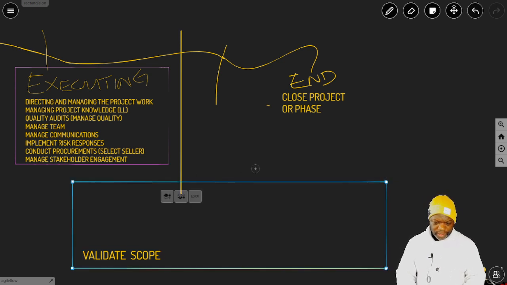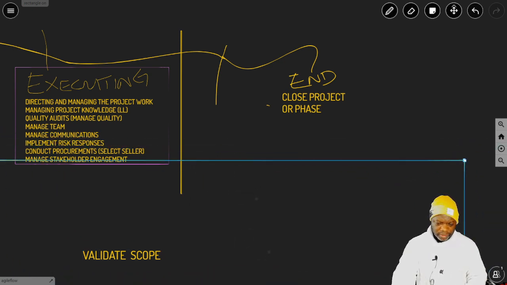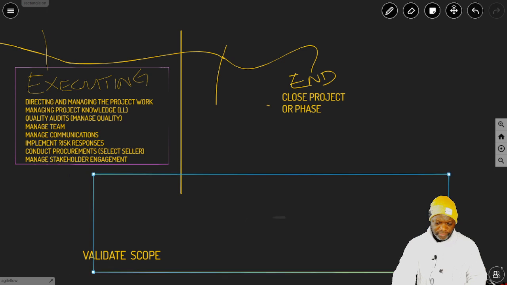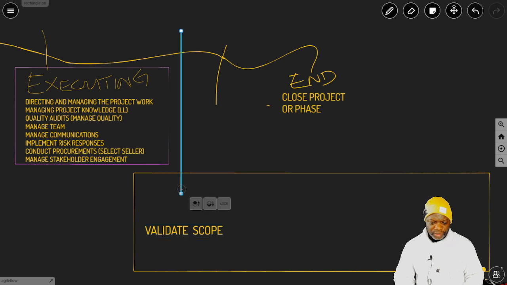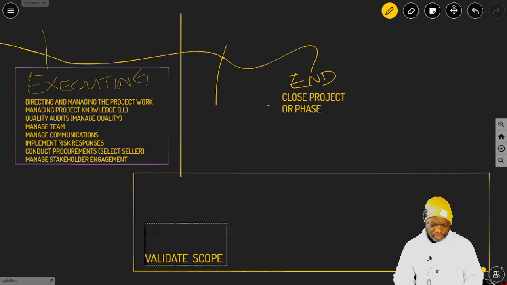So let's begin with the very first in monitoring and controlling. The first things you want to be thinking about here are the processes of integration management. So before we even get to validate scope, we have the process called monitor and control project work.